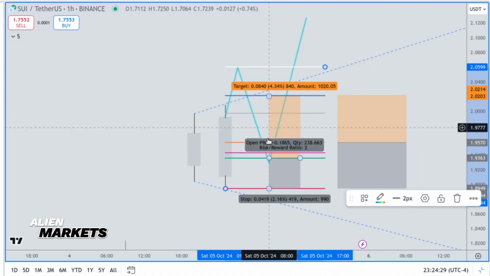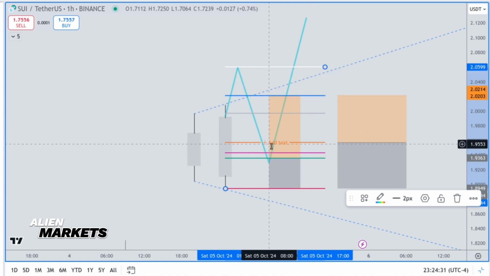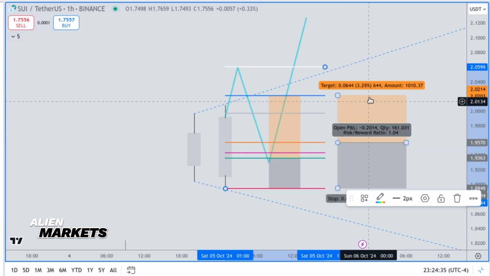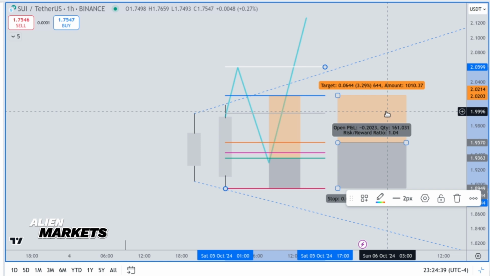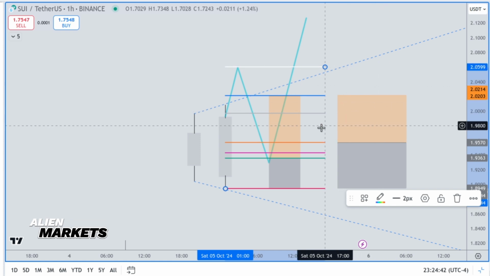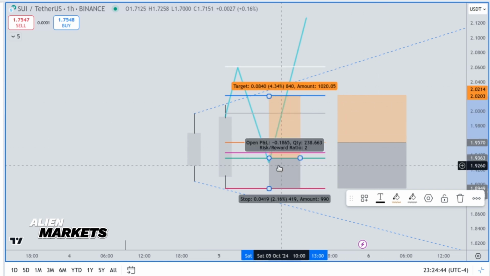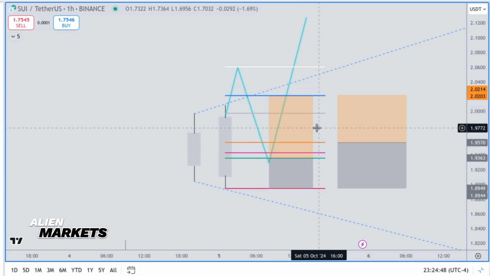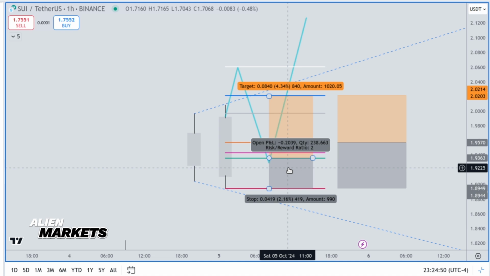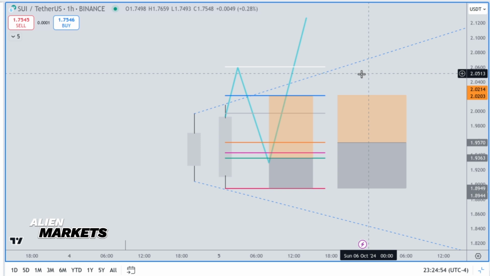So what I do is I try to get this 1-to-1 risk to reward model from Stoic, and transform it, modify it, upgrade it to 1-to-2 risk to reward, right?